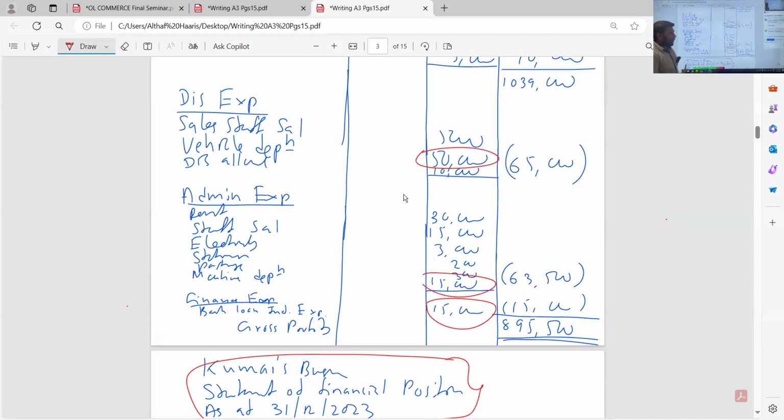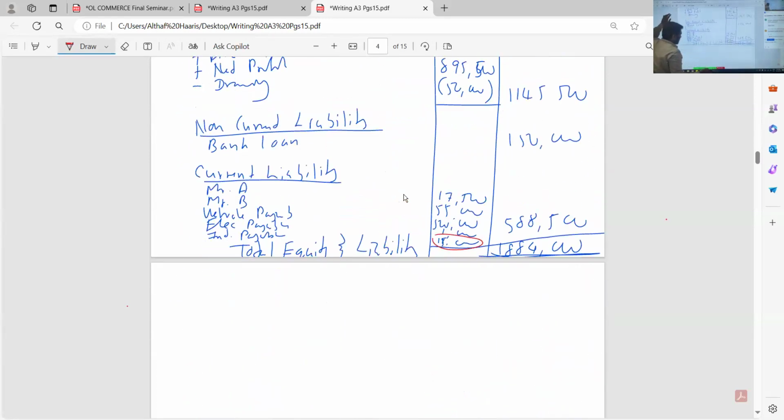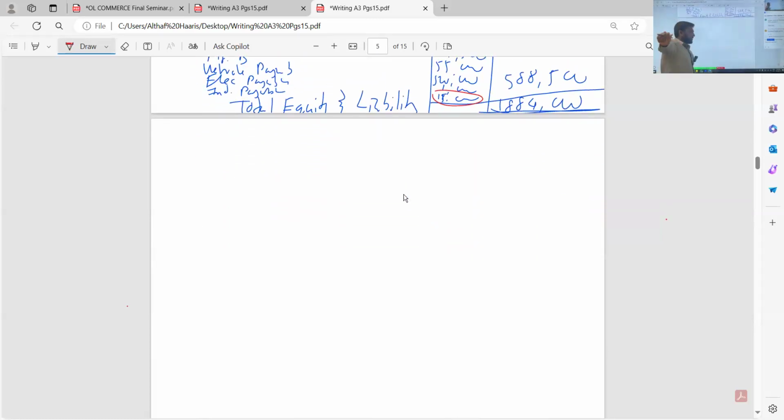So when you are doing this particular question, people, do remember what I am trying to say. Even if you didn't write any of the other values, if you only write these values, how many marks are you getting for the financial statement question, people?